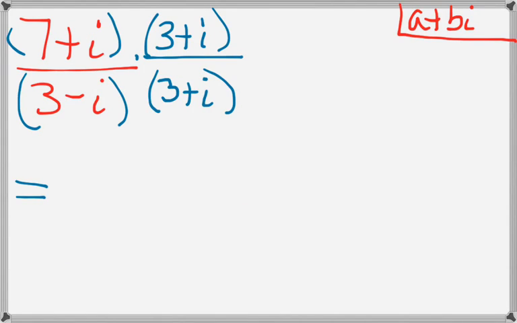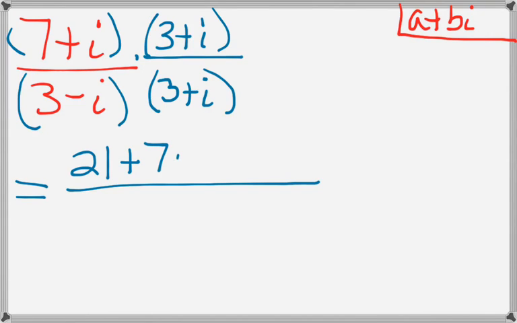And we know that multiplying by 1 doesn't change the value of what you started with. So we're going to do lots of distributing on the top and the bottom here. So if you haven't yet watched the video on how to multiply complex numbers, that is what we're doing here. So we distribute the 7 and distribute the i.